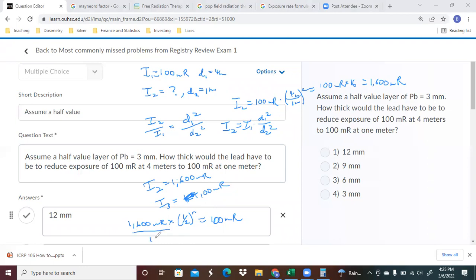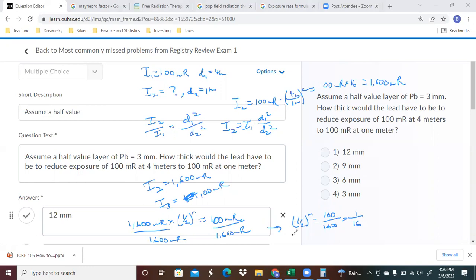Well, I'm going to divide both sides by 1600 milliroentgens. That gives me (1/2)^n equal to 100 divided by 1600, which is 1/16.